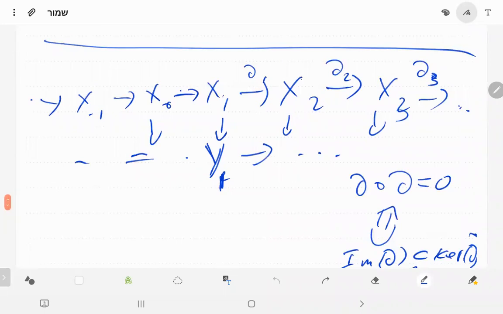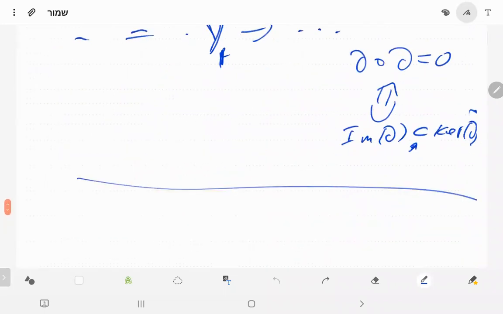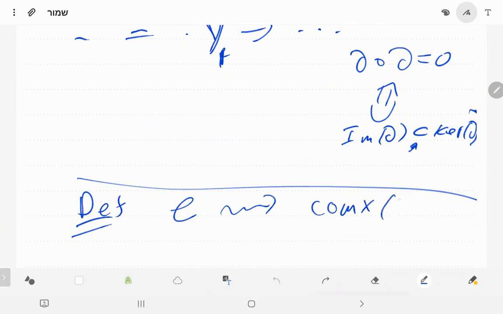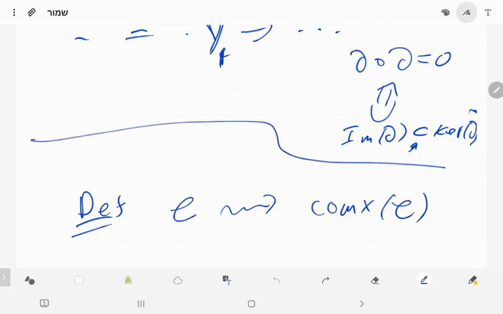So basically you can start with any category C, and you can make out of it the category of complexes over C. Oh, not any category, but say, let C be an abelian category.